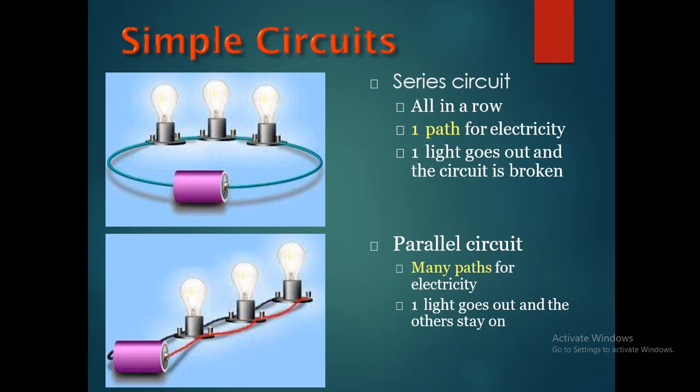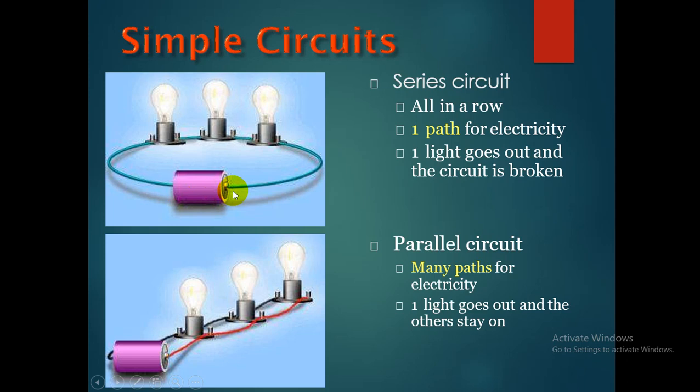So these are the two circuits, very simple circuits, where we are able to see this is a series circuit and this is a parallel circuit. There is only one path here. This is a battery. You can say this is the positive terminal and this is the negative terminal of the battery.